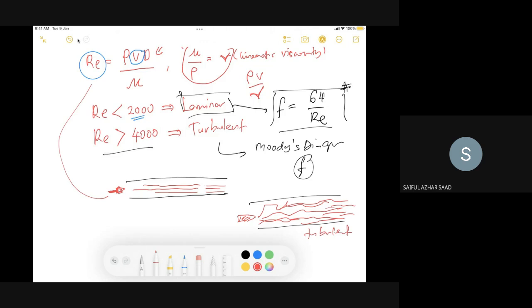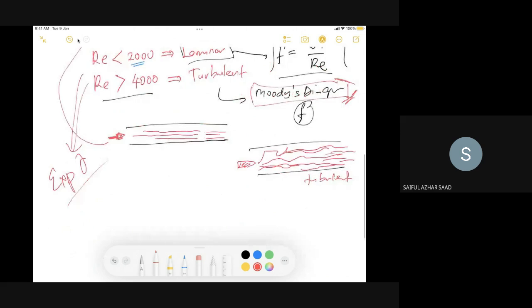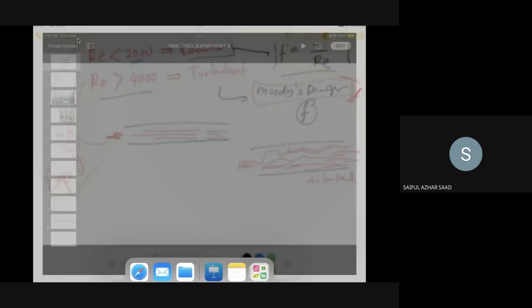If it is turbulent, then you have to use the Moody diagram, and you will learn the application of the Moody diagram during the lectures. If it is laminar, then it is straightforward. This will also be applied in experiment 7, which you're going to do next week, where you want to determine the losses for turbulent and laminar flow. All right, so this is it. Now I'm going back to my lecture.